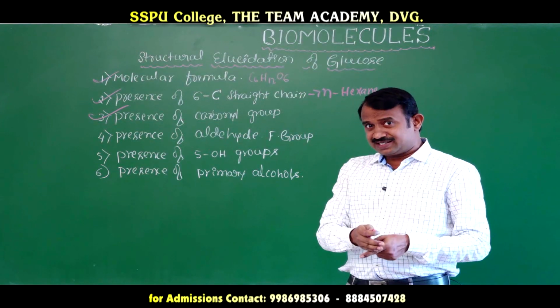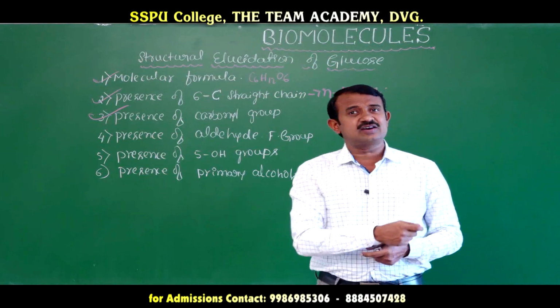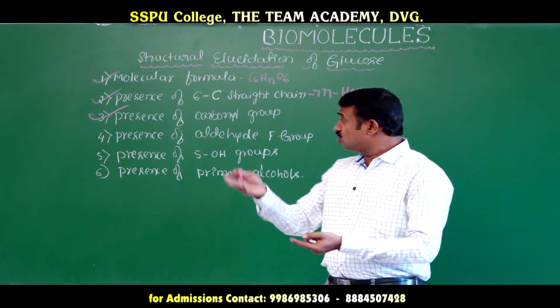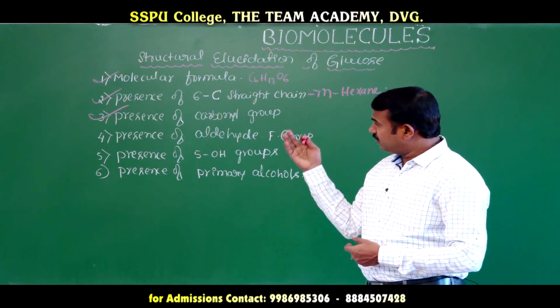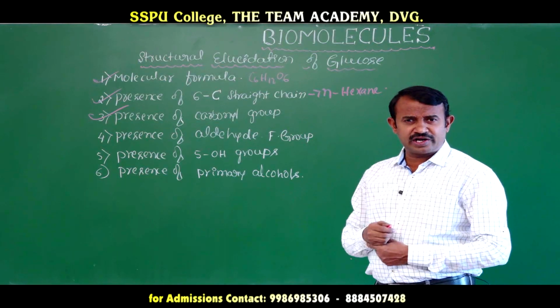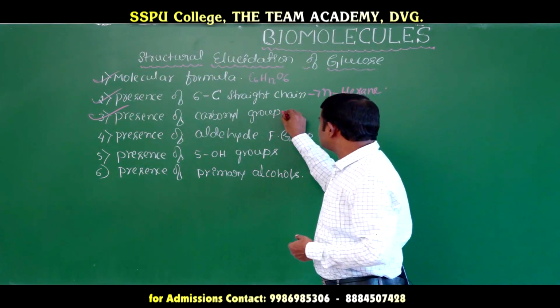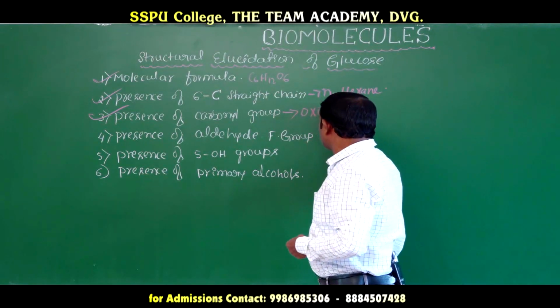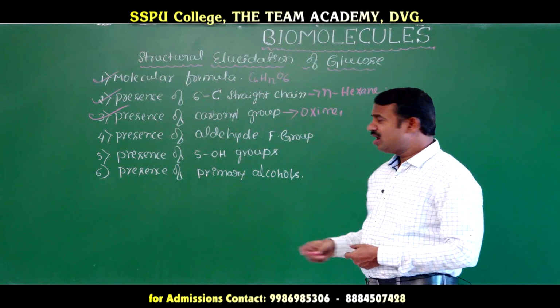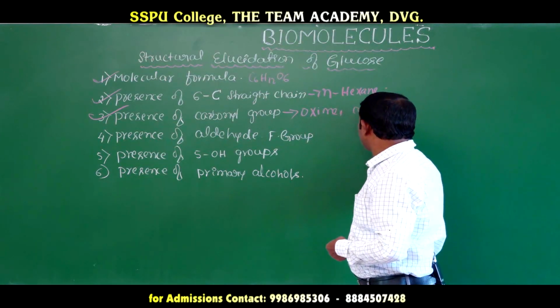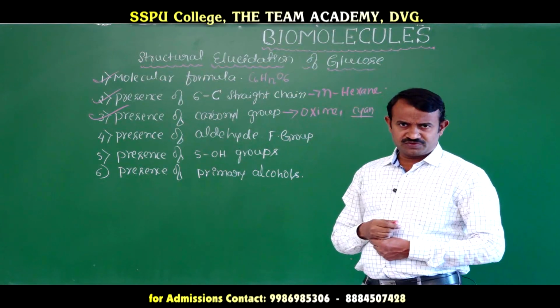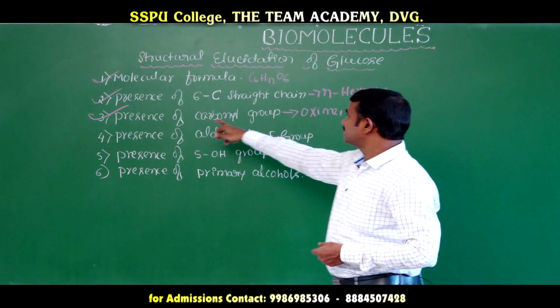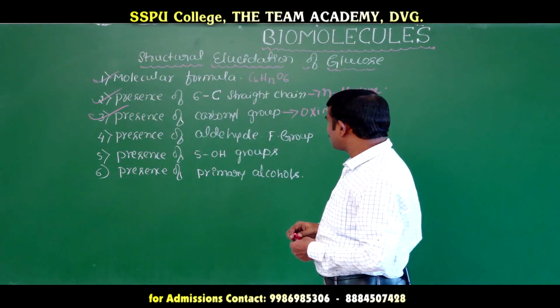On this basis, glucose contains a carbonyl group: when glucose reacts with hydrogen cyanide it forms glucose cyanohydrin, and with hydroxylamine it forms glucose oxime. This reaction indicates the presence of a carbonyl group.